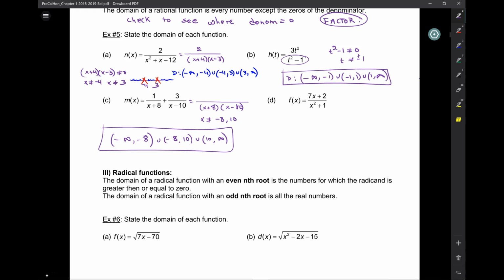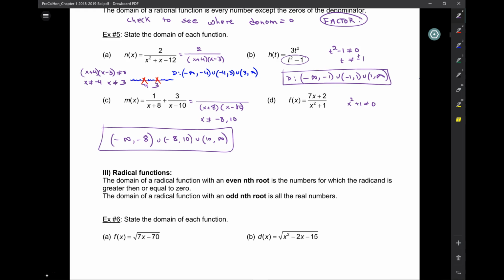Okay, so x squared plus 1. Is there any way to plug in an x and get a negative number? No. Check it out: if you plug in a positive number, you're already okay.